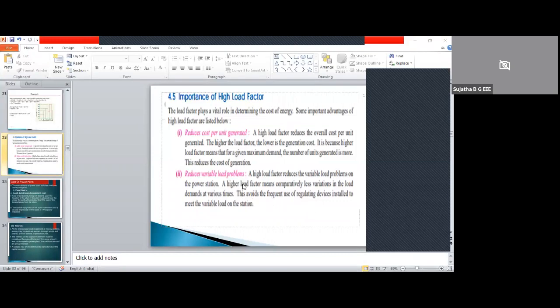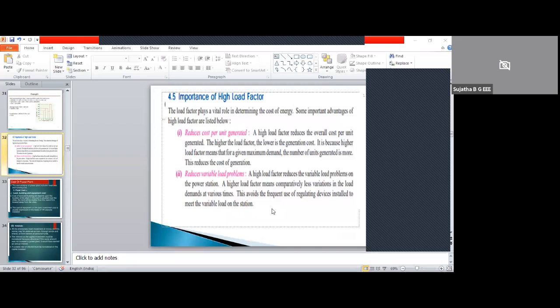So a higher load factor means comparatively less variation in the load demand at various times. So this avoids the frequent use of regulating devices installed to meet the variable load on the station. So variable load on the station should be minimized so that we can avoid the use of this regulating device. Okay, so that's why they always prefer that we should have high load factor.